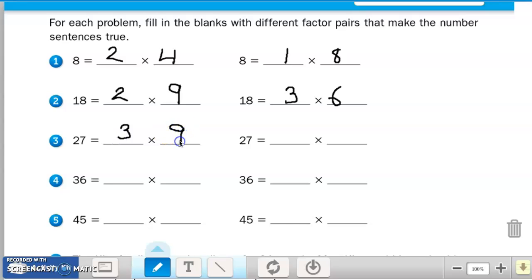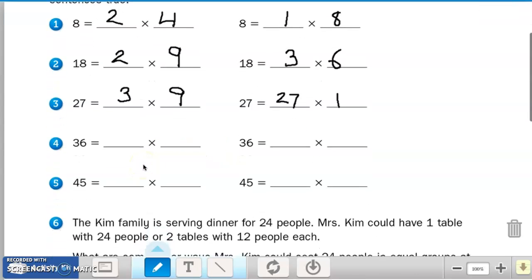If you take 9 and you add it 3 times, 9 plus 9 is 18, and then 9 more is 27. So 3 times 9 is 27. And 27 times 1 is 27. So 27, 1, 9, and 3 are factors of 27.